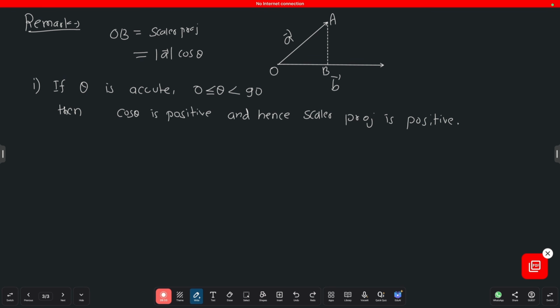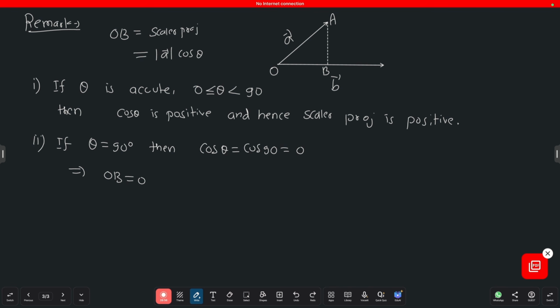Number 2, if theta is 90, then cos 90 is 0. It implies OB is 0, and OB 0 means both the vectors are perpendicular.